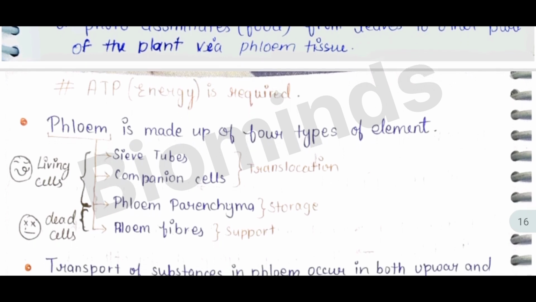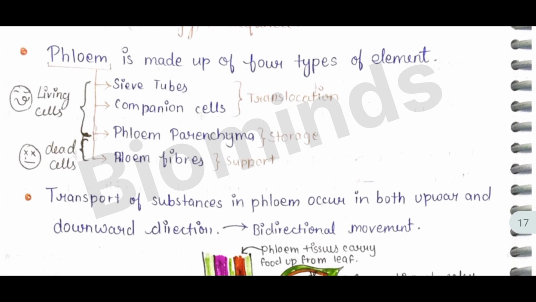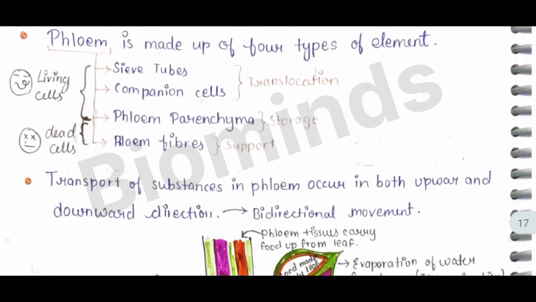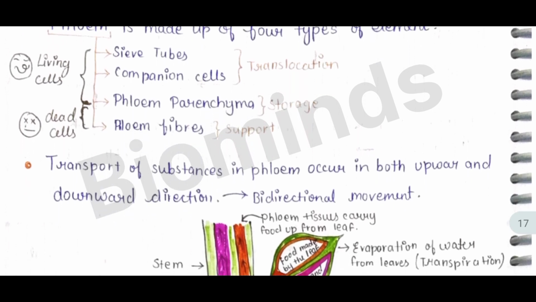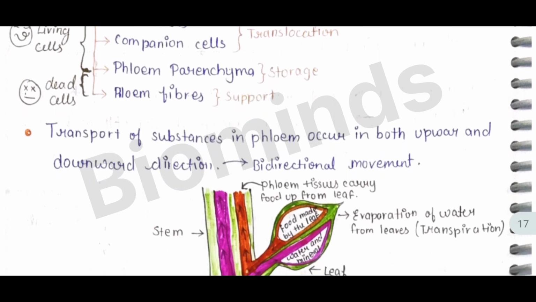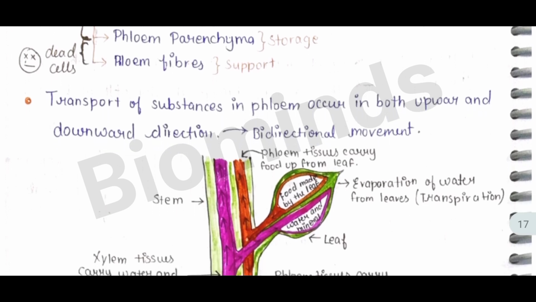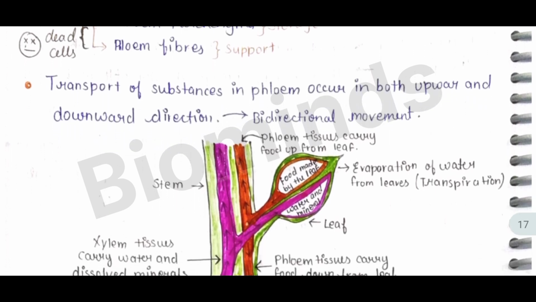Sieve tubes and companion cells help in translocation, phloem parenchyma helps in storage, and phloem fibers help in support. Transport of substances in phloem occurs in both upward and downward directions, hence it is called bidirectional movement.